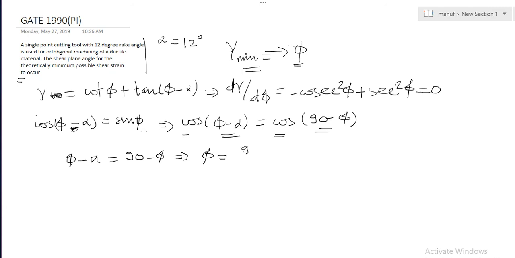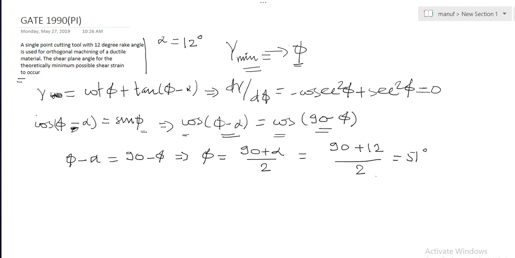And in the above question, the value of alpha is given. So 90 plus 12 divided by 2, that is nothing but 51 degree. And we can find out the value of shear strength. So here we have to find out the value of phi for minimum shear strength.